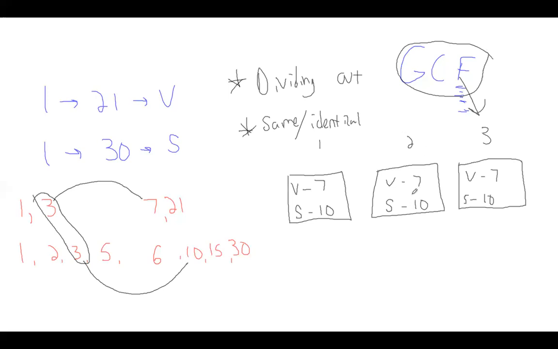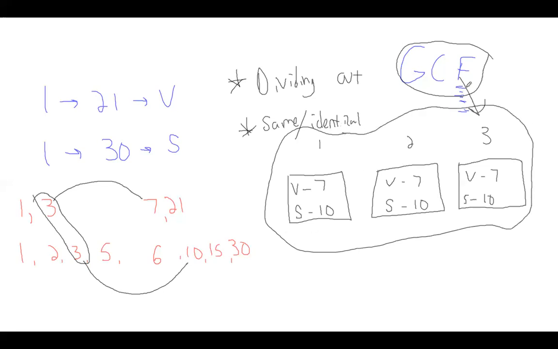Draw a picture if you can to help you think it out, right? Does it make sense? Like I tried greatest common factor, I found 3, and then I drew a picture to kind of think it out. What does that look like? What does that mean? Am I right? And it makes sense once I did that, right? Any questions on 3?